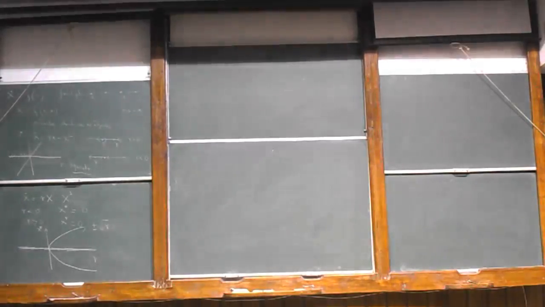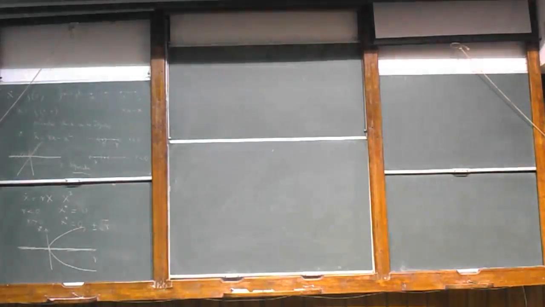So these are this parabola over here, which is x star equal to plus minus square root of r, which is r equal to x squared. So that's what this looks like.